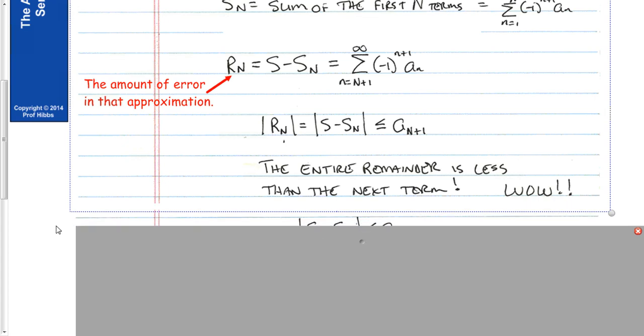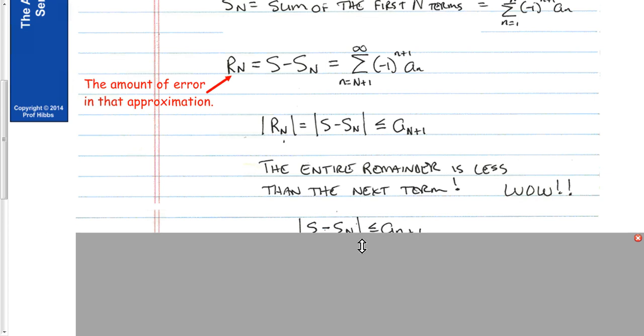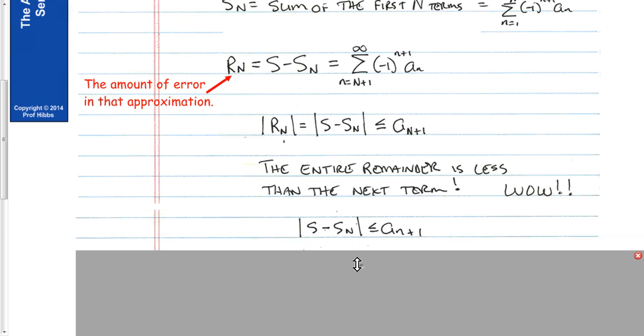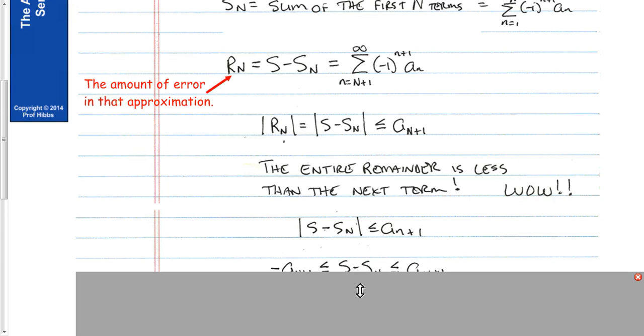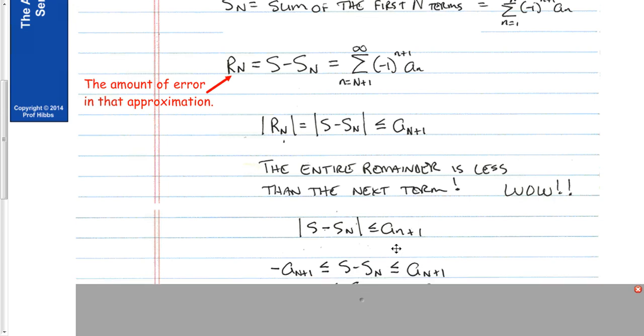Okay, that's a pretty significant statement. I'm going to try to convince you of that in a moment, but for now, let's look at it this way. The absolute value of the difference between the actual sum and the estimated value, S sub capital N, is less than or equal to a sub capital N plus 1.